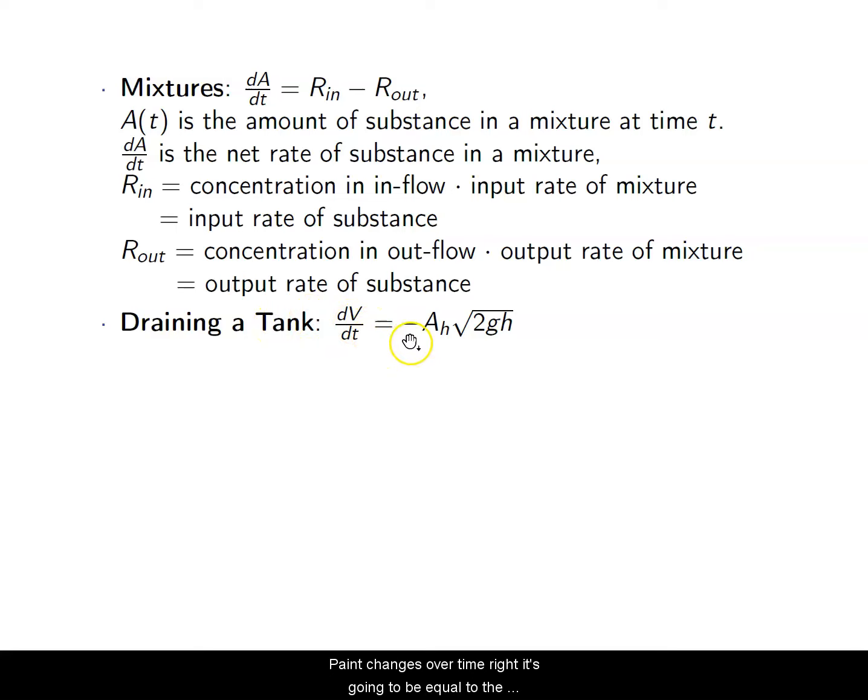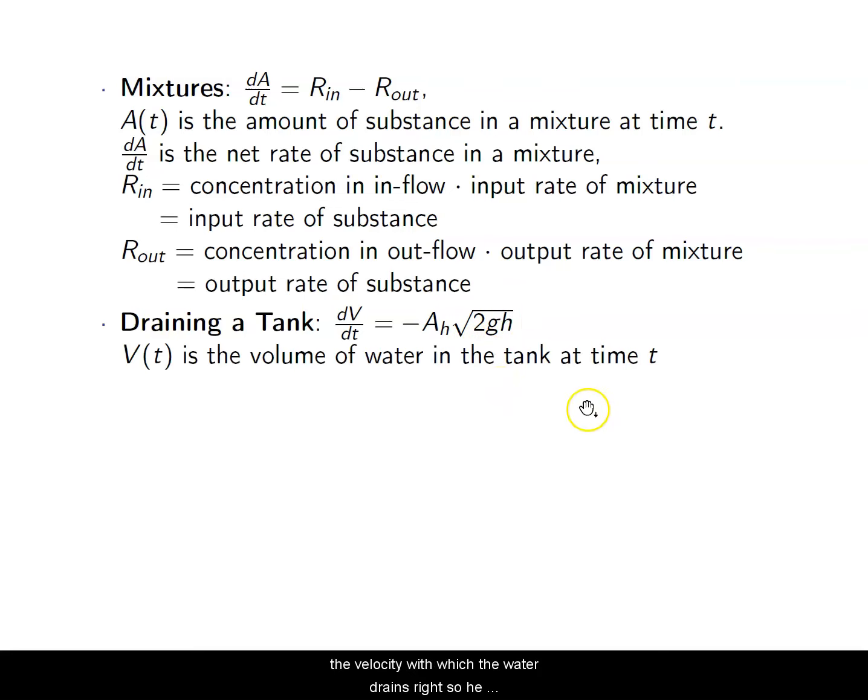It's going to be equal to the negative area of the hole that it is being drained from, okay, times the square root of 2 times the gravitational constant times the height of our tank, right? So for this case, we're mainly talking about a cylindrical tank. Here, the square root of 2 times the gravitational constant times the height is the velocity with which the water drains, right?